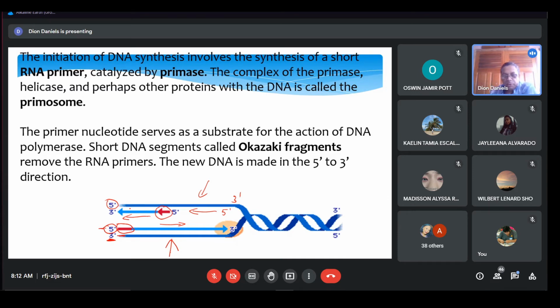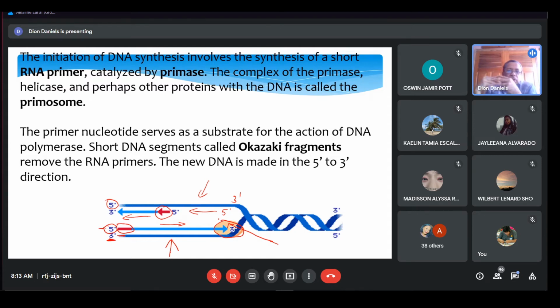What do you think this portion is, this circular right here? All right, this is what you see right here, shaded. That would be the helicase that is helping to untwist that DNA molecule.